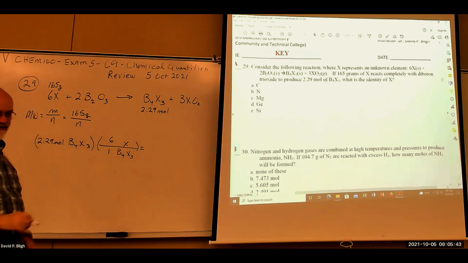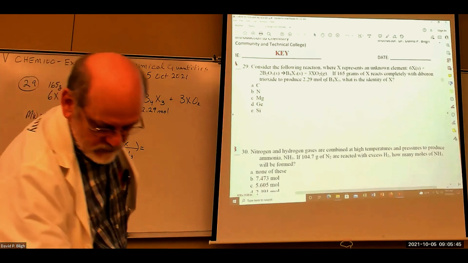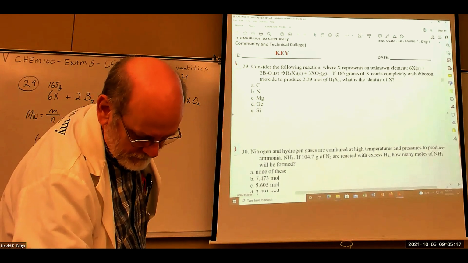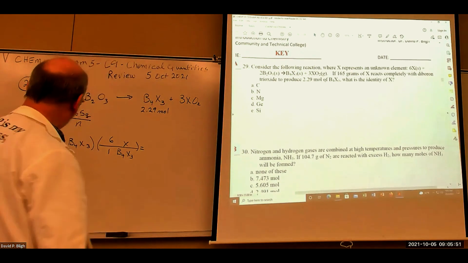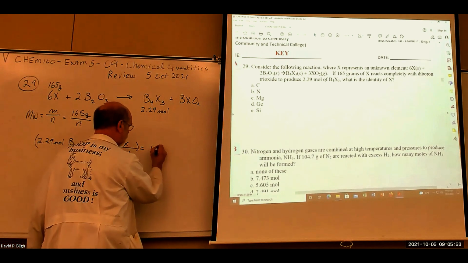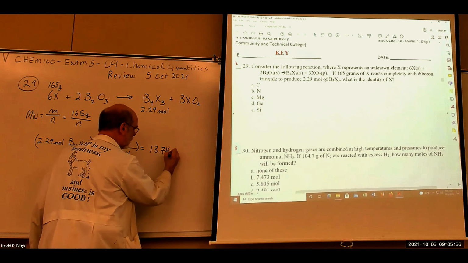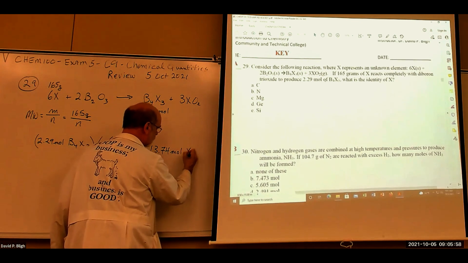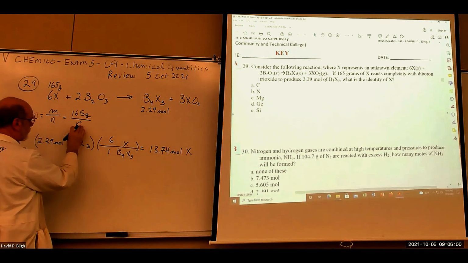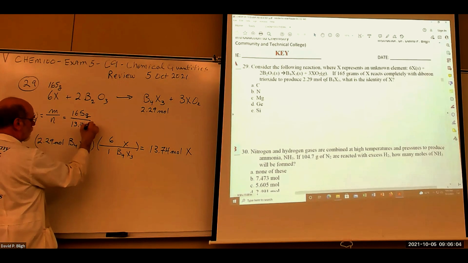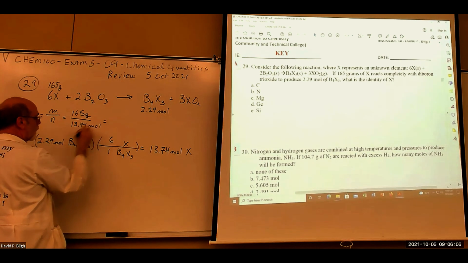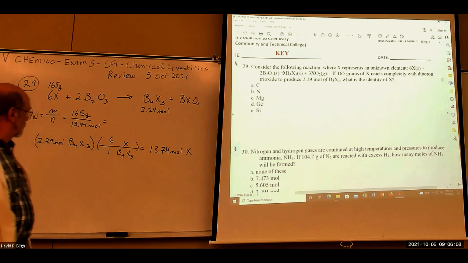So 6 times that value, 2.29, is 13.74. That's how many moles of X there are. 13.74 moles.